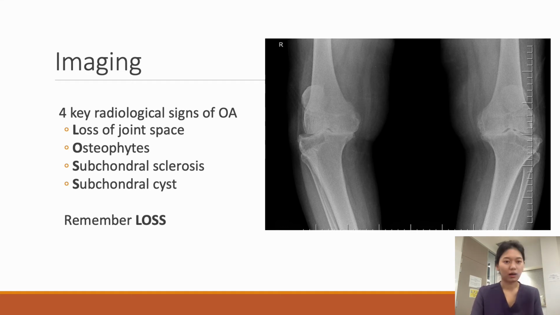Four key radiological signs of osteoarthritis include loss of joint space, as you can see in the X-ray, osteophyte growth around the edges, subchondral sclerosis, and subchondral cysts.